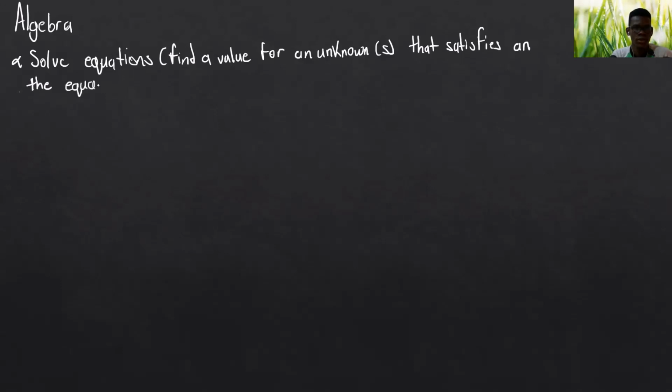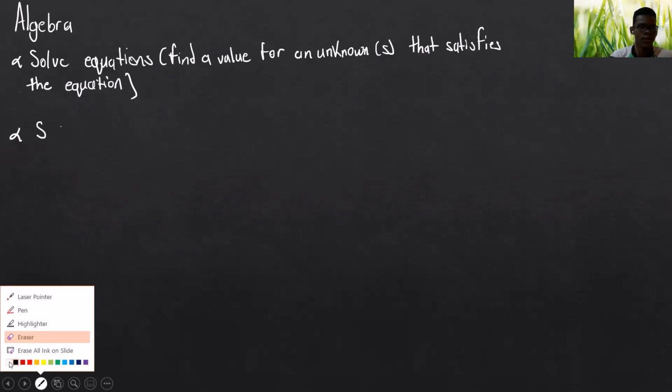Okay, but to solve an equation means to find the value for that unknown that satisfies that equation. I didn't need to add in the last part, but I'm gonna add it in nevertheless. In algebra, you solve equations, you find a value for an unknown that satisfies the equation, and we also do what is called simplification, or we simplify.